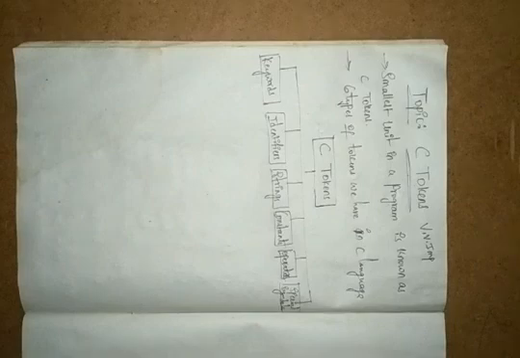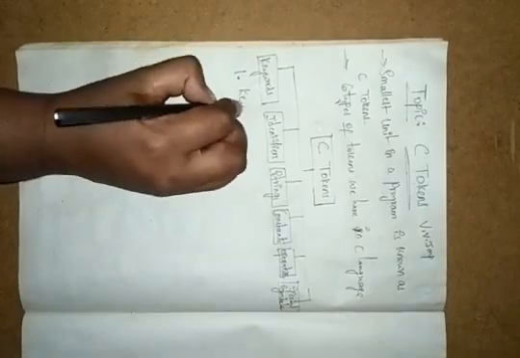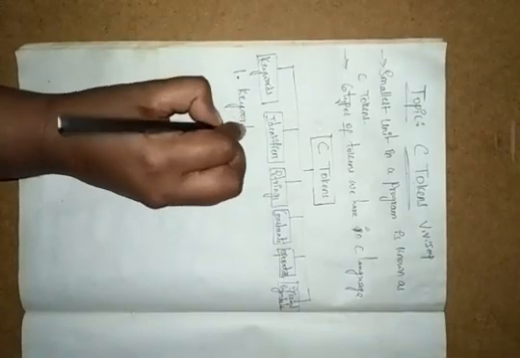Okay, so first we will discuss the keywords. When you are writing a program, without keywords we are not writing anything. Keywords have a special meaning in the C language.